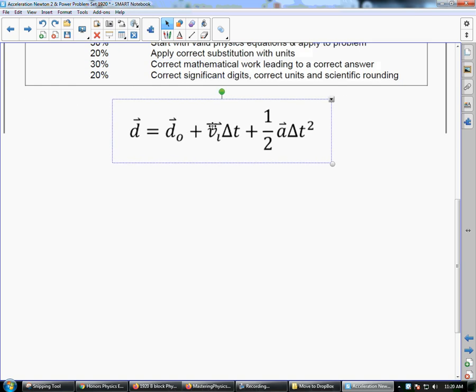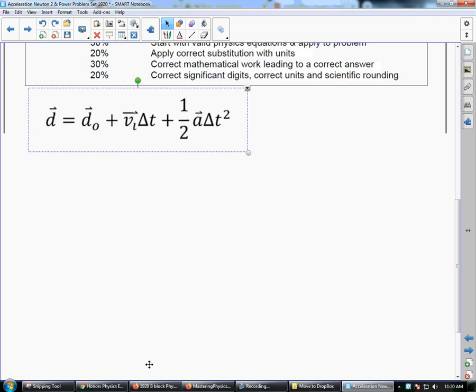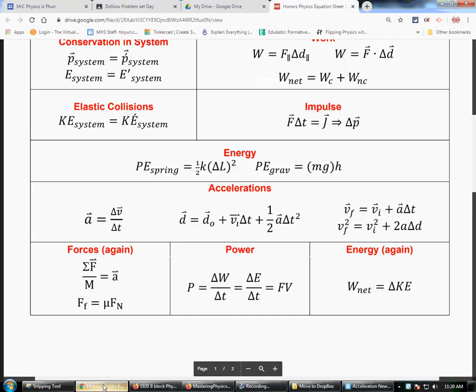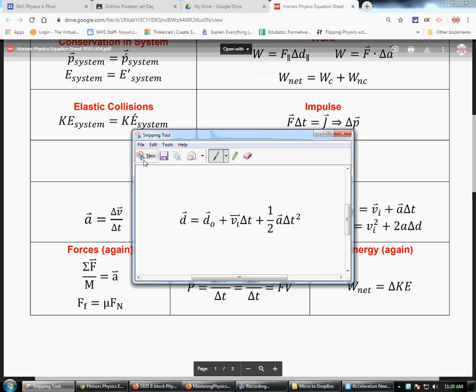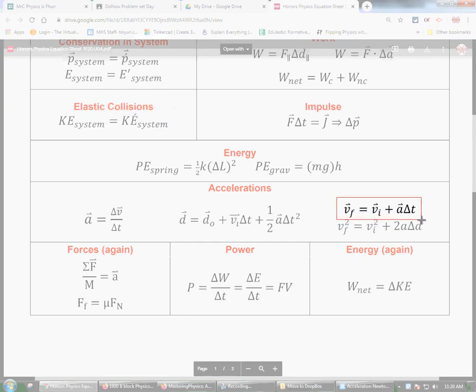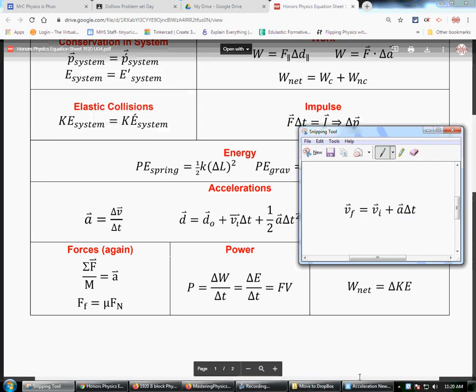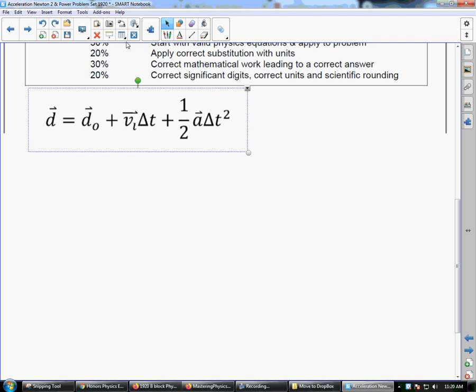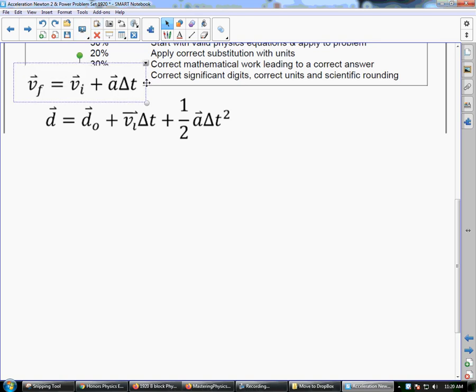And then I want to know how fast it's moving at the bottom. And I could actually use either one. I'm going to choose this one, just because it has less scary math in it for you guys.